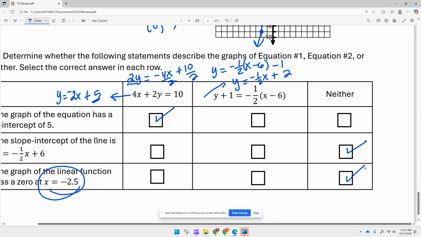So this one is also neither. So this one has an x-intercept of x is equal to 2.5, not negative 2.5. This has an x-intercept of 4. Does that make sense? All right, we have concluded the review for the test tomorrow.